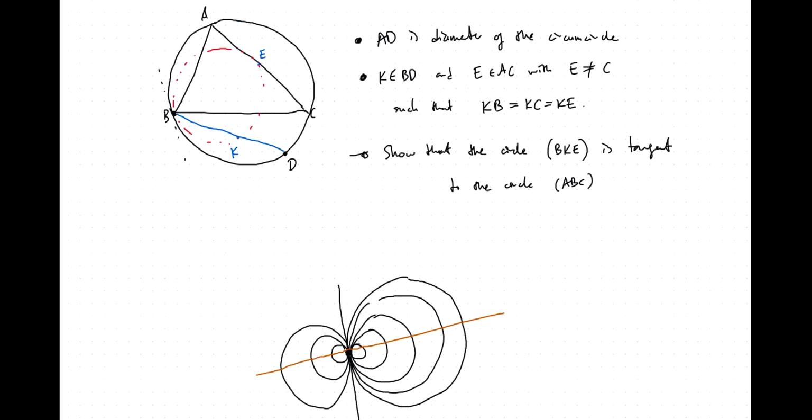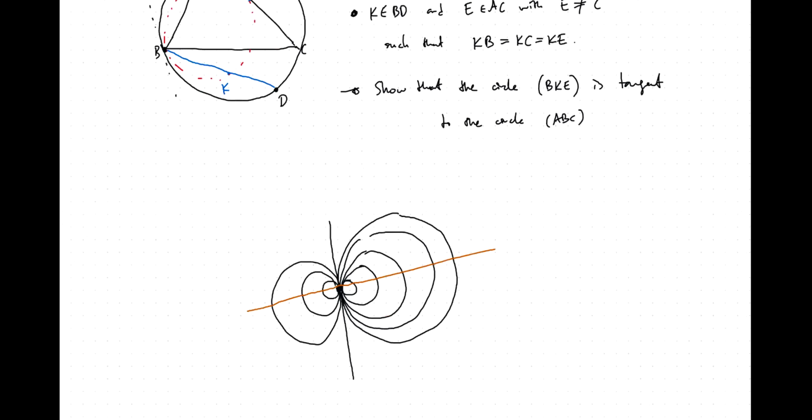But just to show you the complete picture, this is one example of a family of circles in which the centers are collinear, but not only are the centers collinear, the radius also moves in a special way.